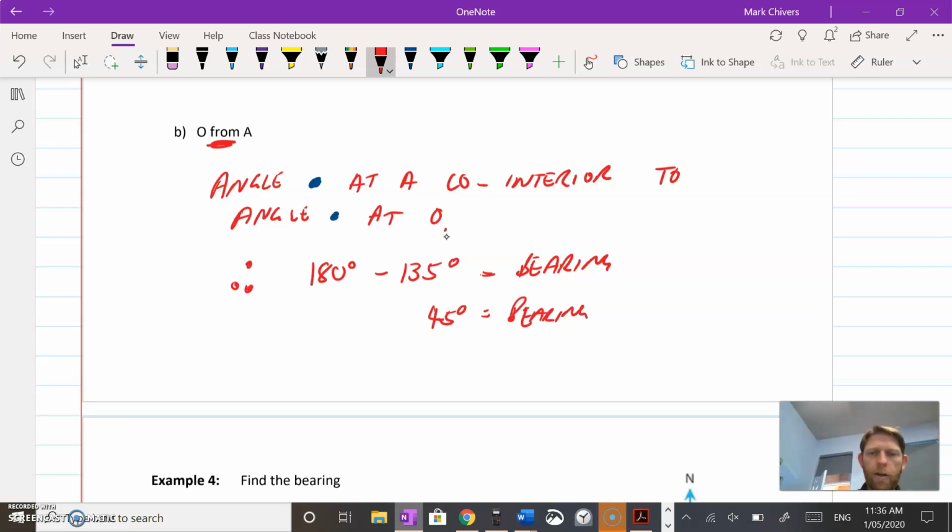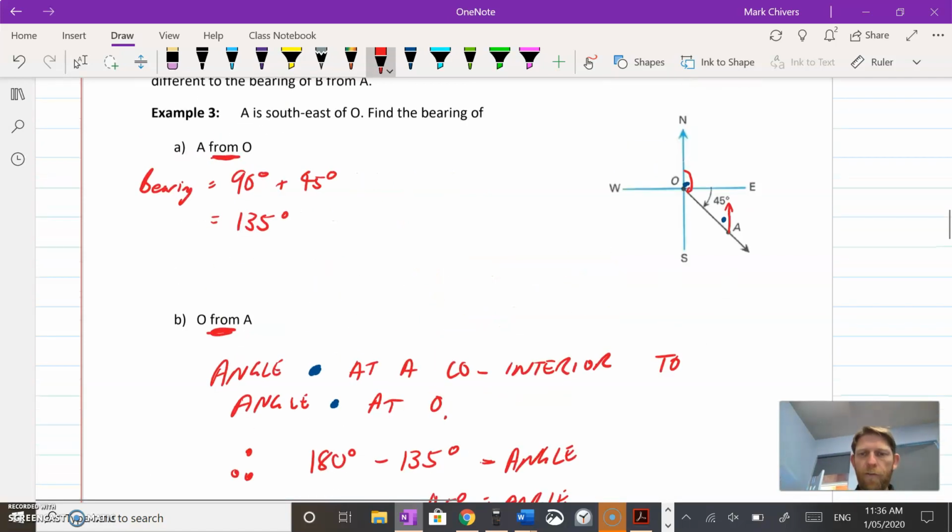Very important that we don't say that's the bearing, that's the angle, sorry. So 45 degrees, so that means this angle in here is 45 degrees.